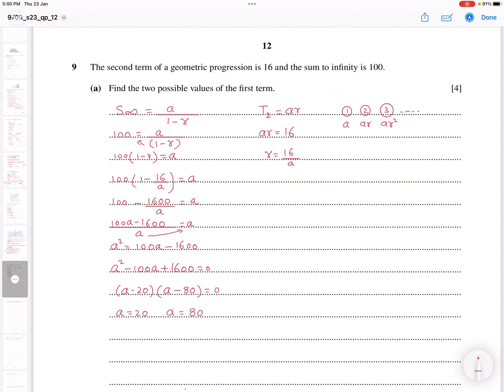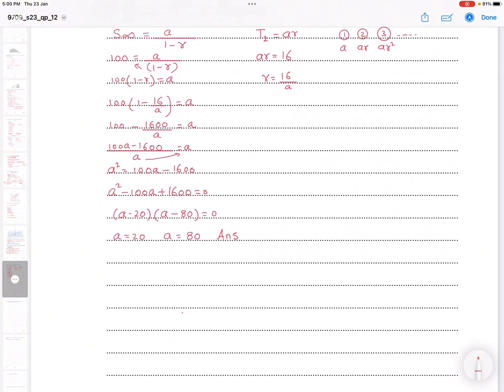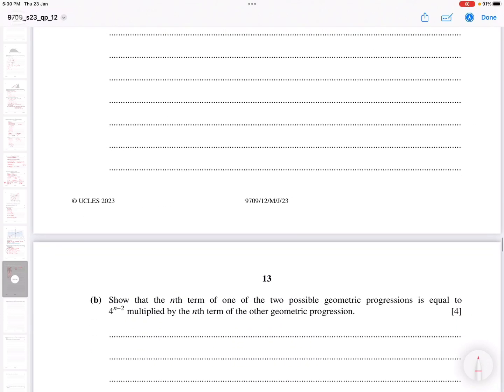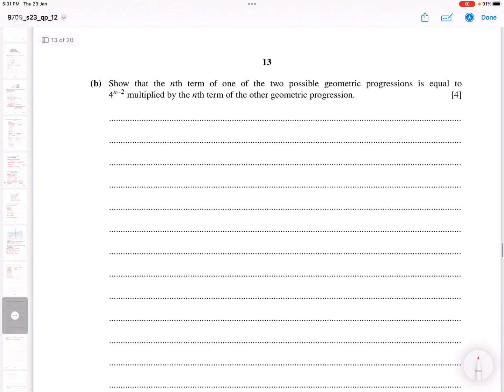These two are my answer, and A is our first term. B part says, show that the nth term of one of the two possible geometric progressions is equal to 4 power n minus 2 multiplied by the nth term of the other geometric progression.